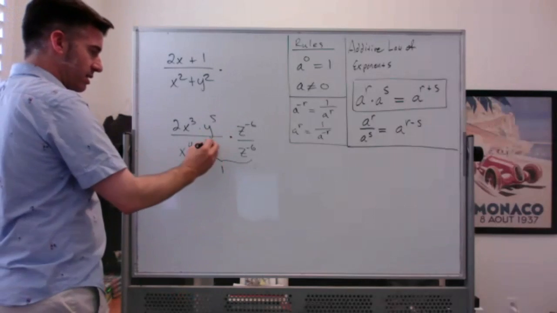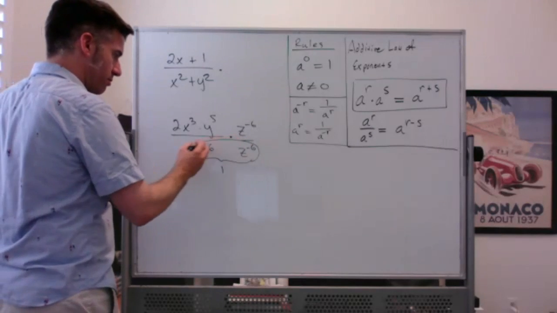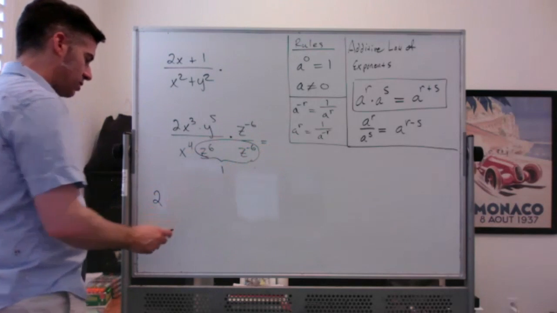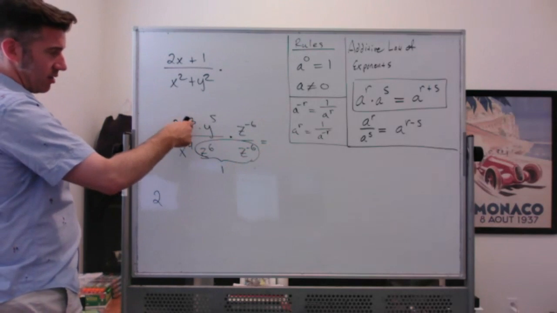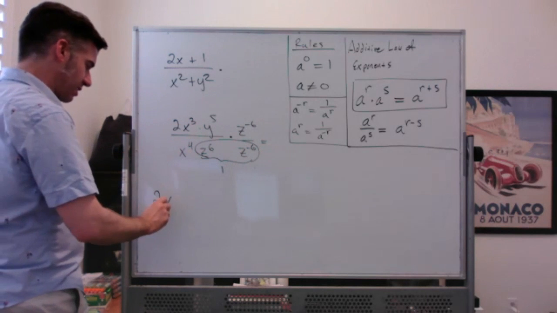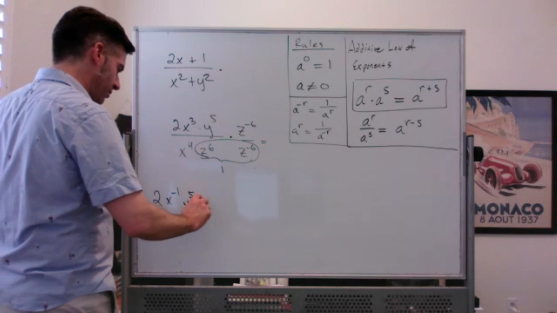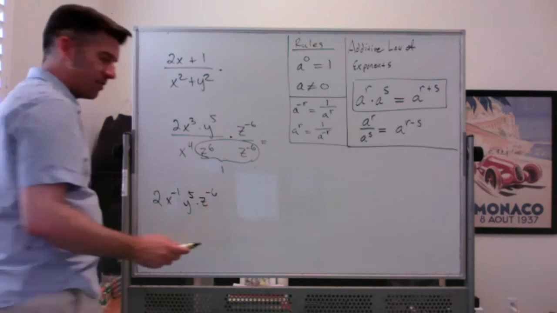And then these kind of cancel out. So you simplify this as 2 x to the 3rd divided by x to the 4th, which is x to the minus 1, y to the 5th times z to the negative 6.